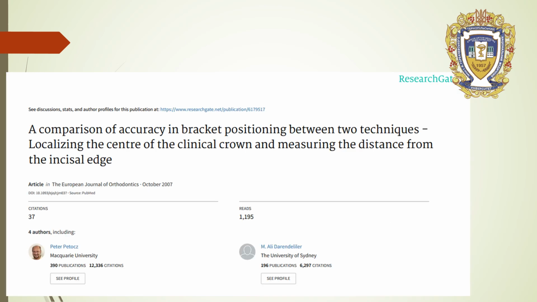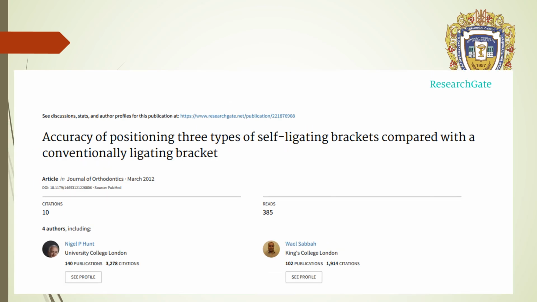And next article, a comparison of accuracy in bracket positioning between two techniques, localizing the center of the clinical crown and measuring the distance from the incisal edge. Third article, accuracy of positioning 3 types of self-ligating brackets compared with conventionally ligating brackets.